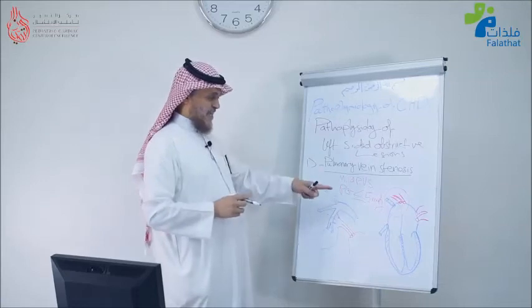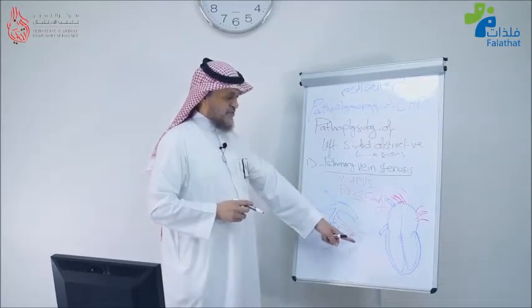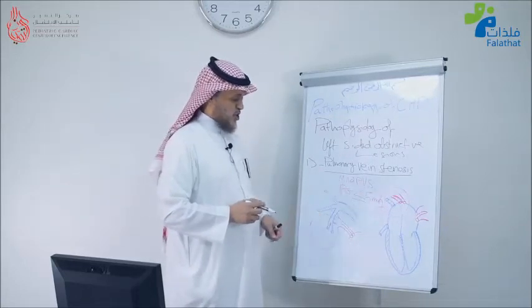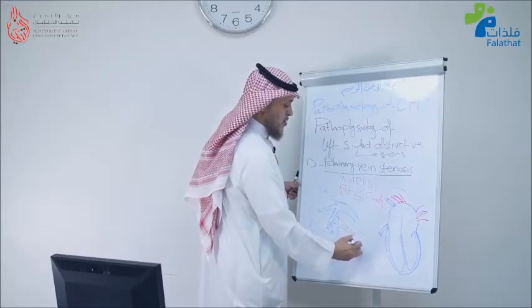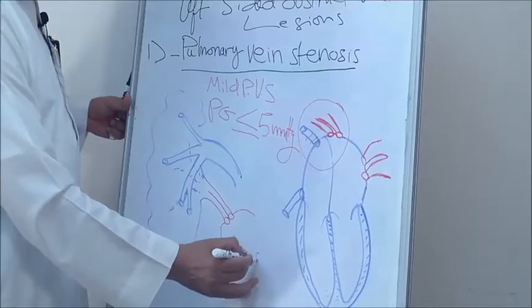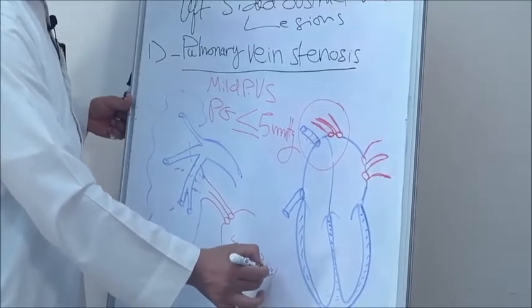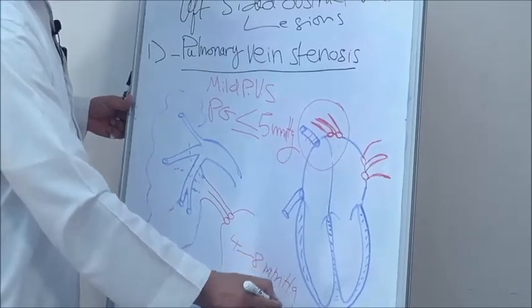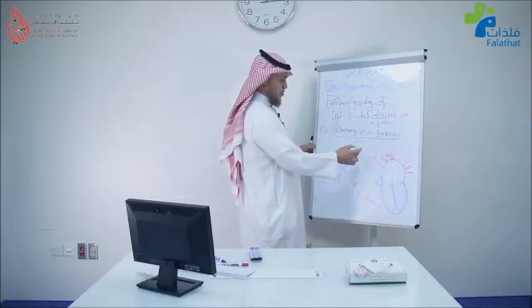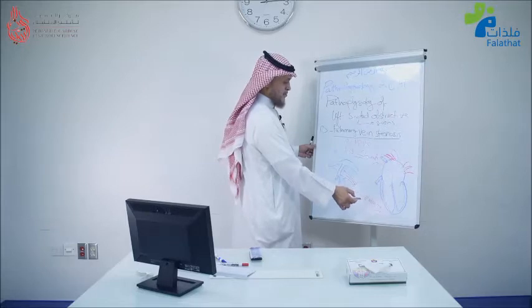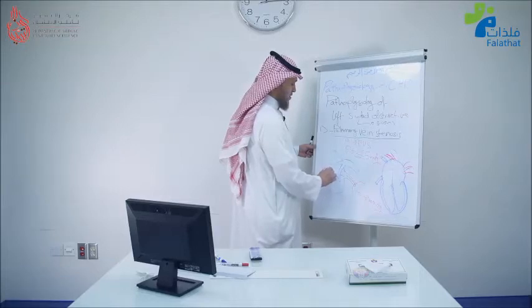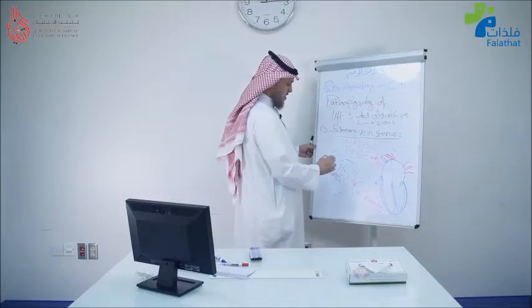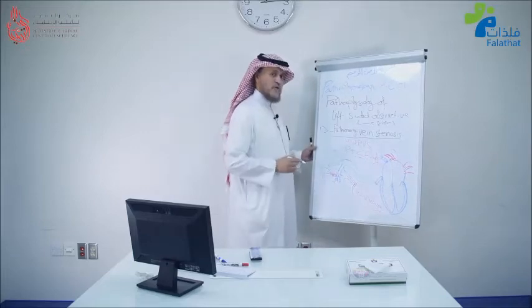In such a stage, we know that normal left atrial pressure is anything between 4 and 8 millimeters of mercury. So let's assume a gradient of 5 and assume the highest number, then the pressure here will be 13 millimeters of mercury. What's a normal pressure in the pulmonary artery?